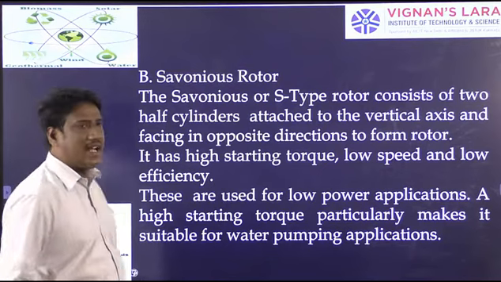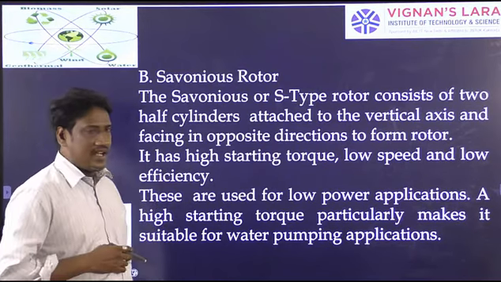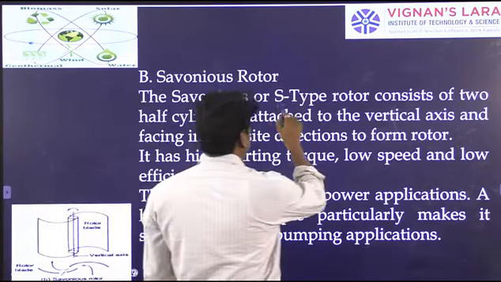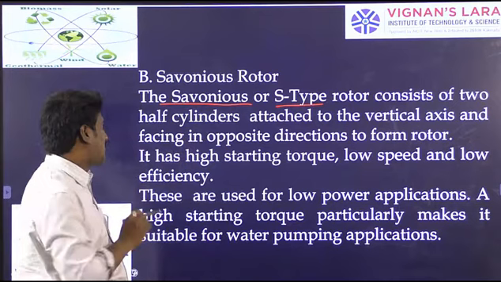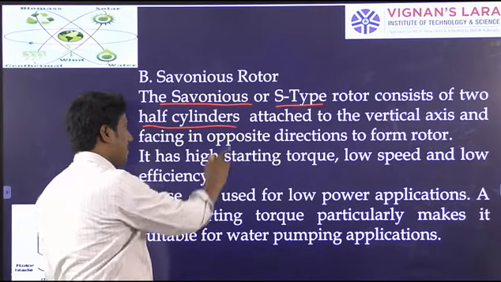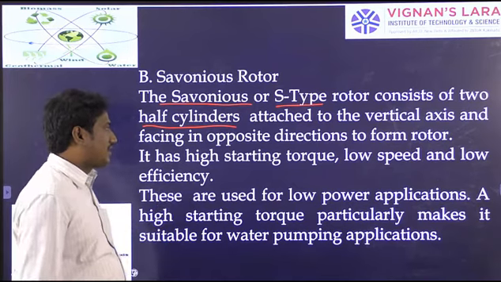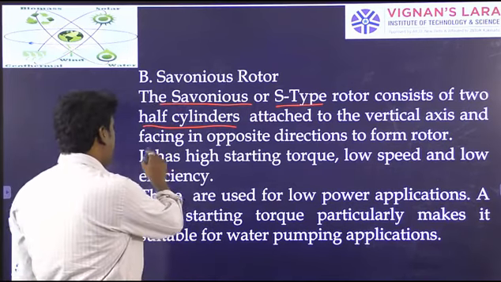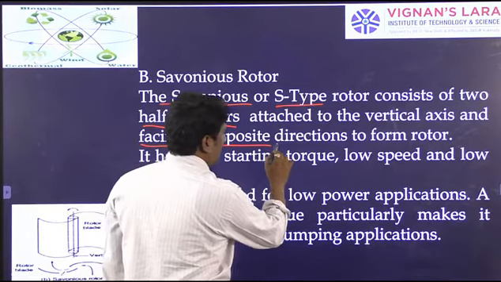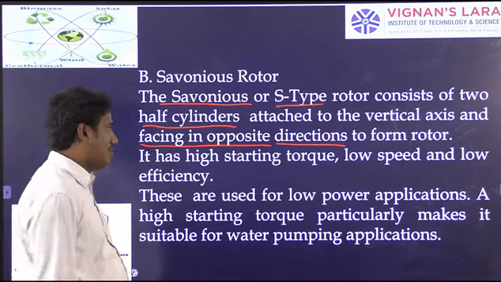And next, the Savonius rotor. The Savonius or S-type rotor consists of two half cylinders attached to a vertical axis and facing in opposite directions to form the rotor.